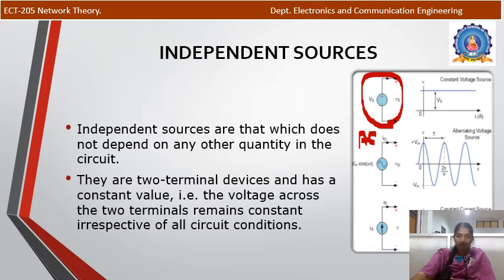The third picture shows an independent current source. So the first one is the independent DC voltage source, the second one is the independent AC voltage source, and the third one is the independent current source.